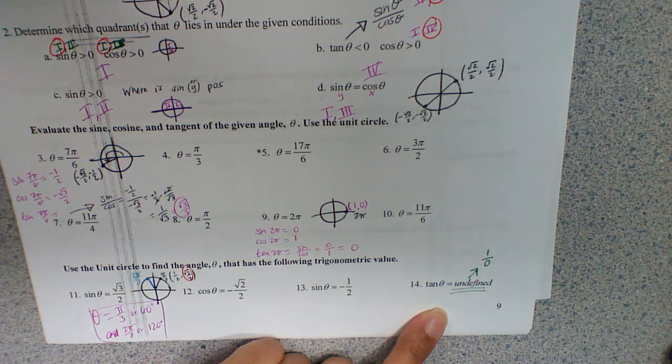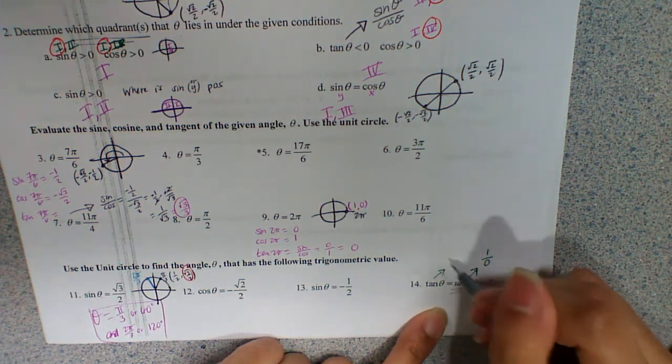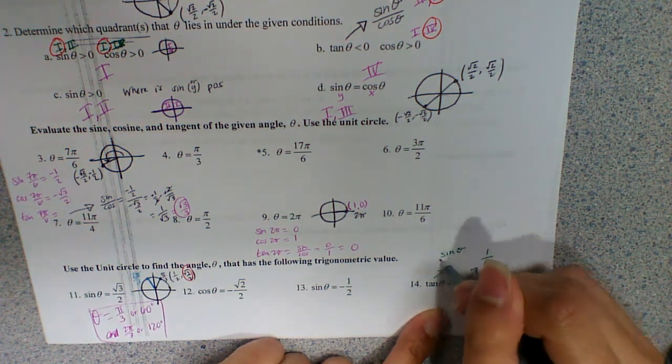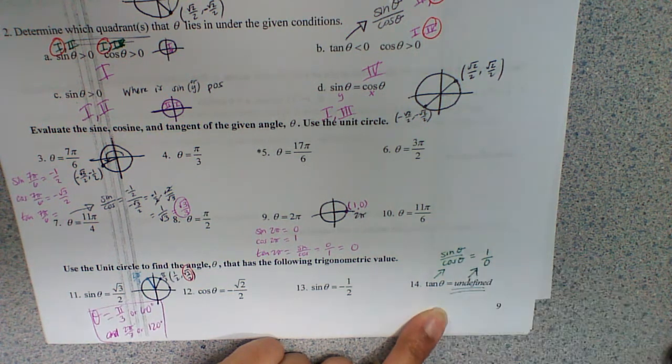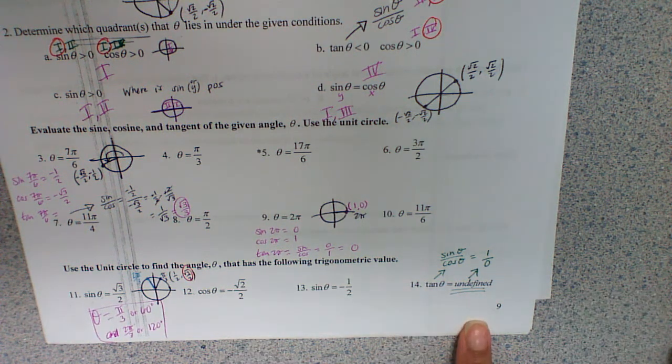So now I'm going to make you think about that, because if you know tangent is sine over cos, then for what angle is this true? Think about that. Pause this video and try that out, and I will have the solution online for you, so check that out at a later time. Okay, so that's page 9. So be sure you're able to answer questions like that.